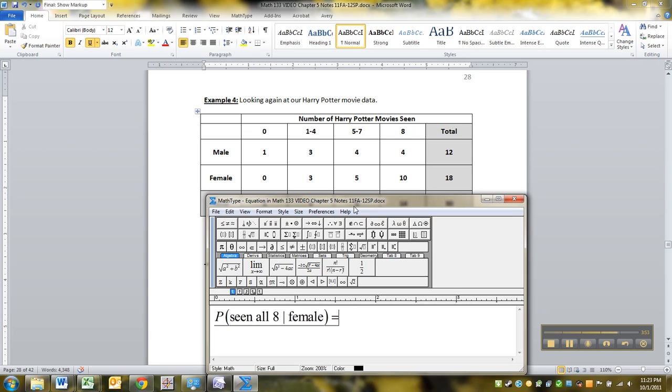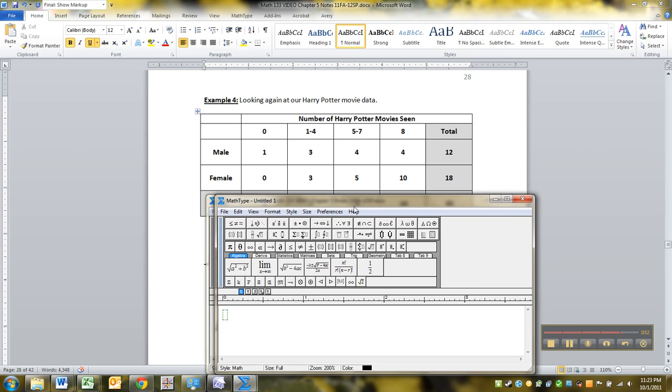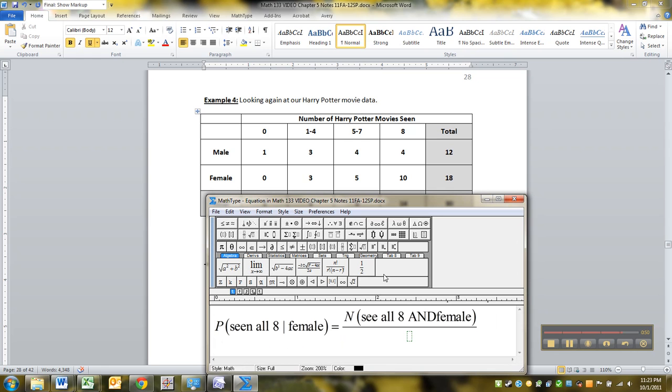According to the rules, that's the number of ways you can see all 8 and be female, divided by the number of females. Well, that would be 10 out of 18.